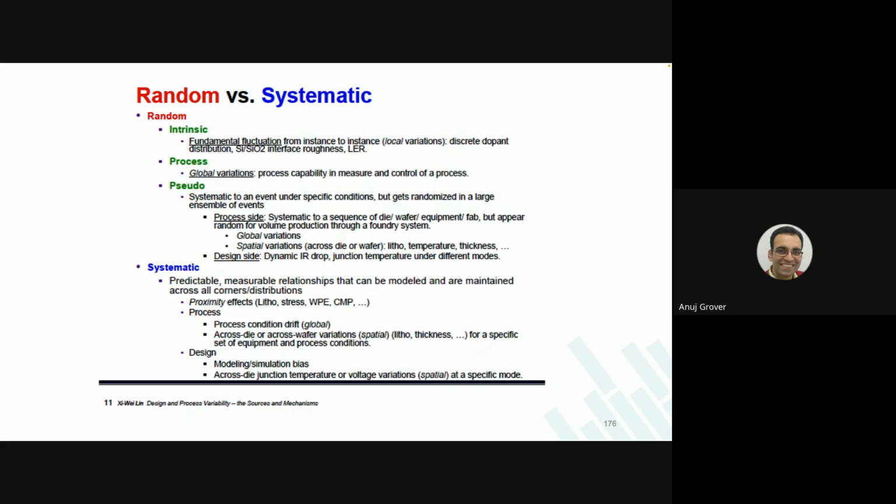They are systematic. You know the physics of it. You know why this variation is happening. All of that you understand well, and you can even predict that if the clock came at this time, this will happen. But you cannot predict if the clock will come in the field at that time. So you have to still margin it as a random variation.